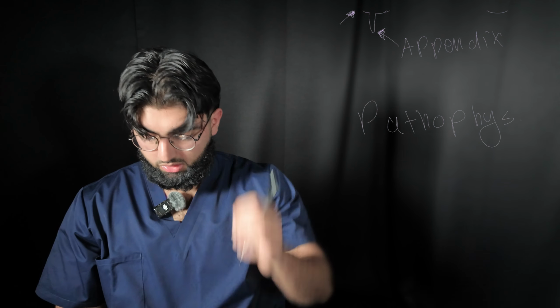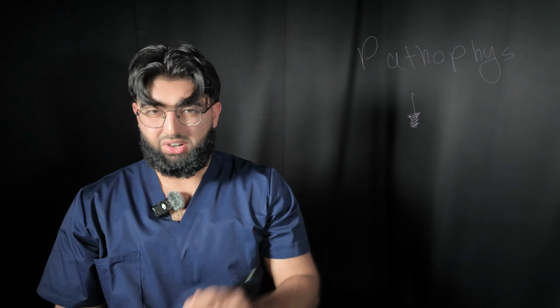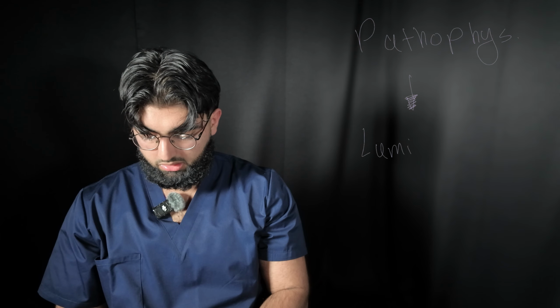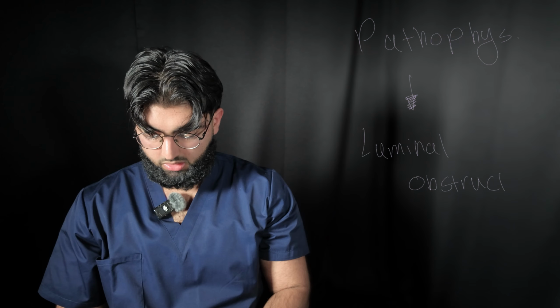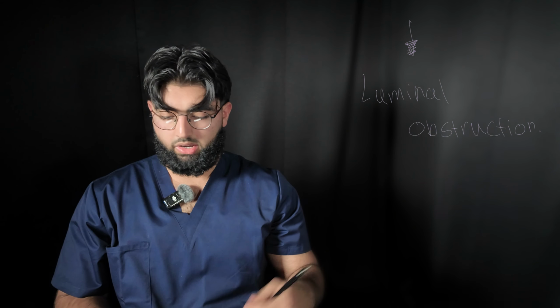The pathophysiology: the main thing, the first initial driving factor of appendicitis is something we call luminal obstruction. Luminal obstruction just means obstruction of the lumen of the appendix itself.